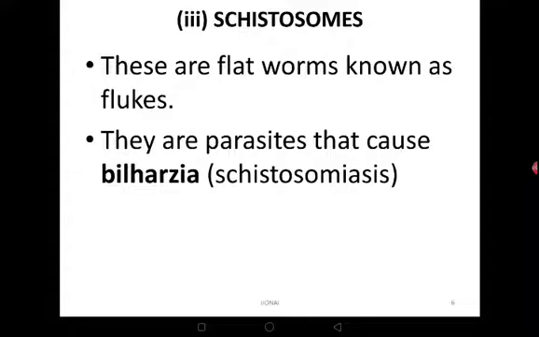The name schistosomiasis comes from two Greek words. Schisto meaning to split, and soma means the body. And then bilharzia is just a recognition title or name. The person who did research about this disease, schistosomiasis, was a German zoologist, Theodor Bilharz.